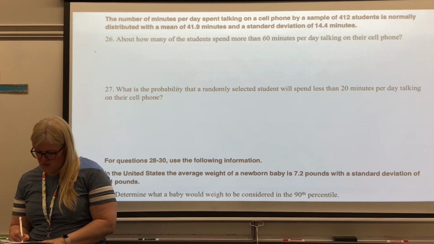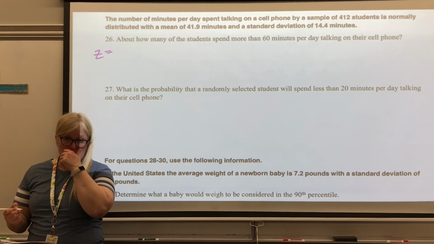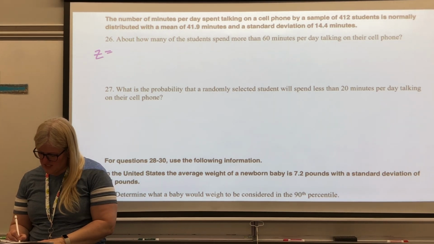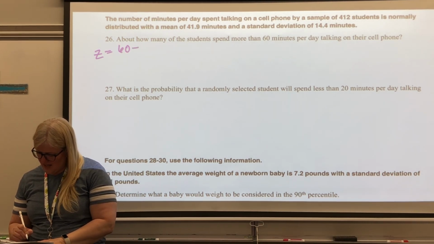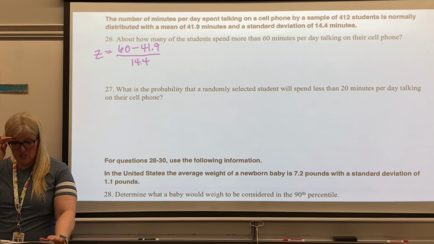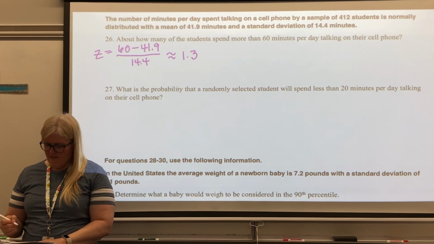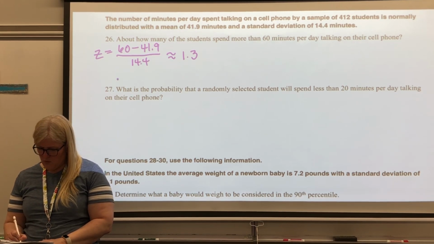Well, we're going to use this formula again. So I've got z equals 60 minus my mean, which is 41.9, divided by the standard deviation, and I get about 1.3. So when I find that on the table, it's 0.9032.